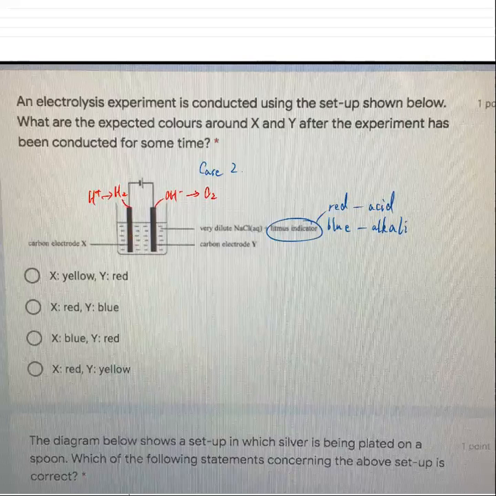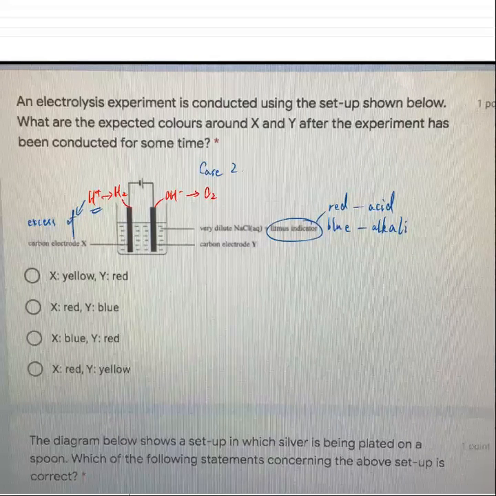So the color will change accordingly. Okay, any question for this? Easy one. Let's move on. Next one.